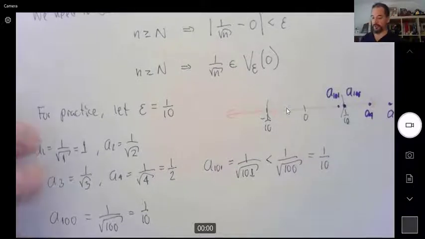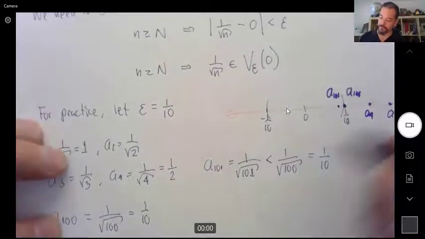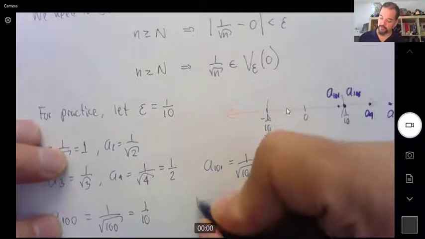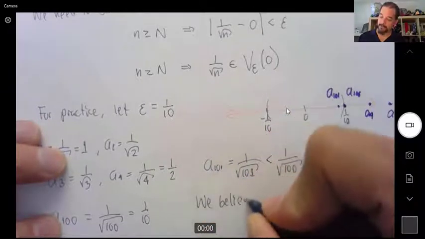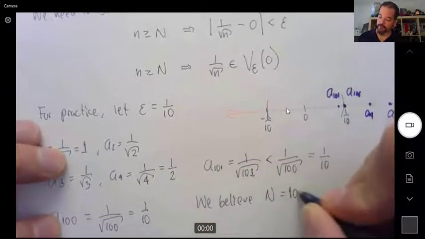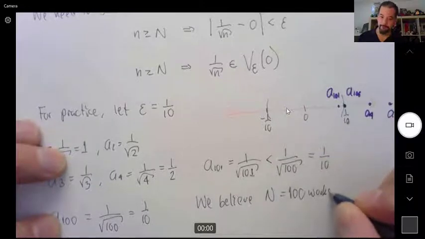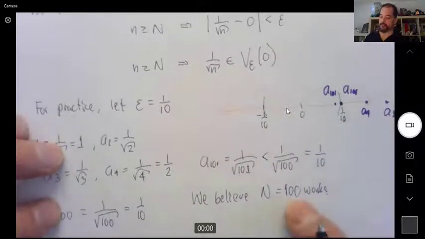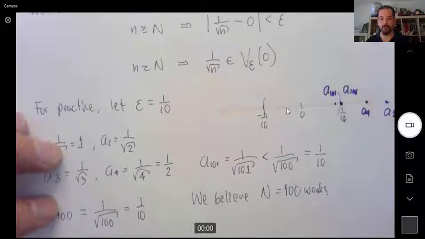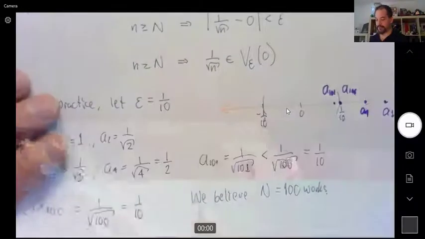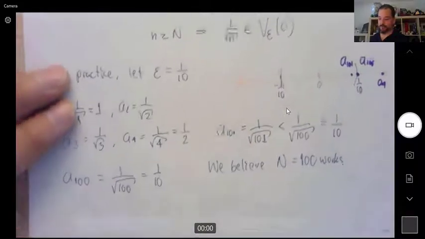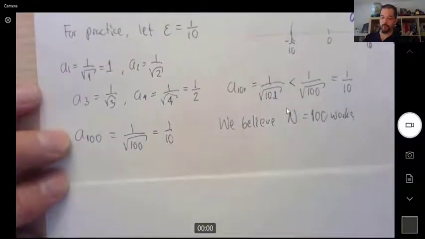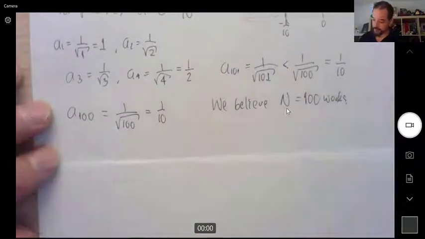So we believe n equals 100 works, meaning if you pick anything bigger than 100, it's going to work. Is that true? And the answer is yes. And this is how you can guarantee that it works.